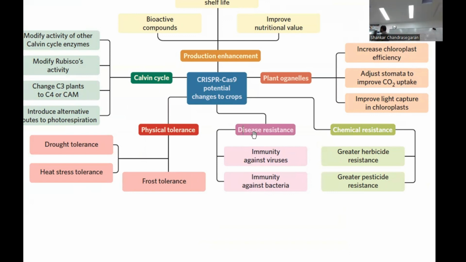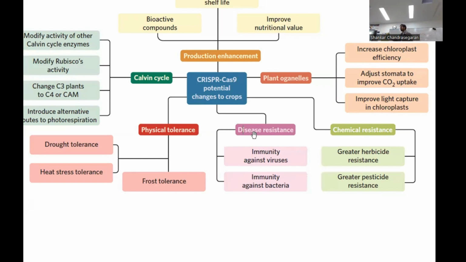For example, greater herbicide resistance and greater pesticide resistance. These are going to make sure that the plant can be sprayed with pesticides or insecticides without having to worry about them dying, right? An example of which is the Bt crop that we mentioned when we were learning CRISPR for the first time. These crops have been modified such that they generate a specific crystal-like protein that is basically toxic to pests, but harmless to us, as we can break it down ourselves.